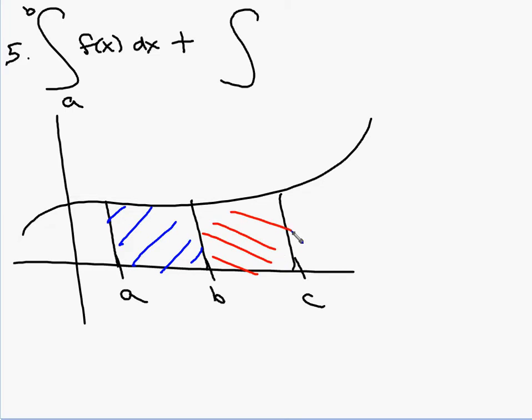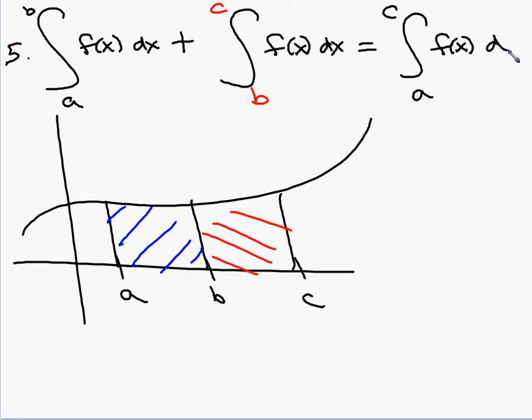So this will be the integral from b to c of f of x dx. And of course, that's going to be equal to the whole thing, right? It's going to be equal to the integral from a to c of f of x dx.